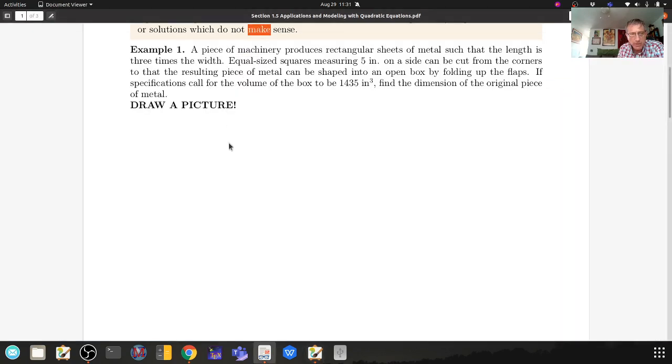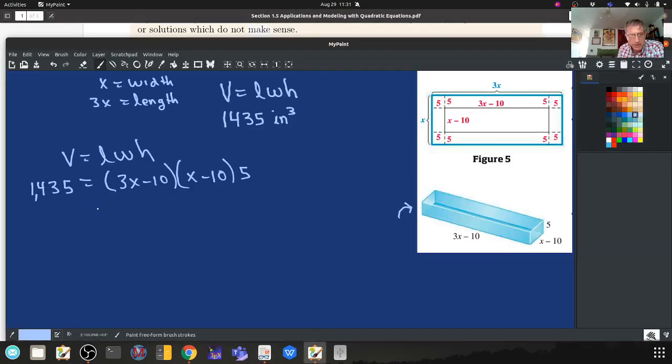So literally this is the equation we're solving. In standard form you would probably write it this way: 1,435 is equal to 5 times 3x minus 10 times x minus 10. So the first thing we want to do is divide through by 5.